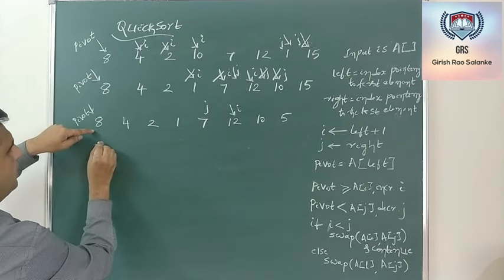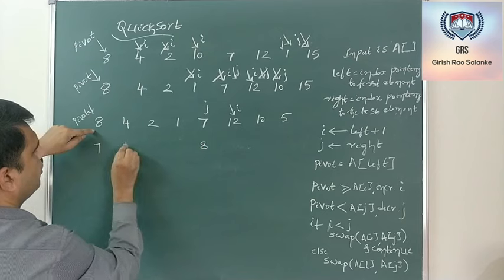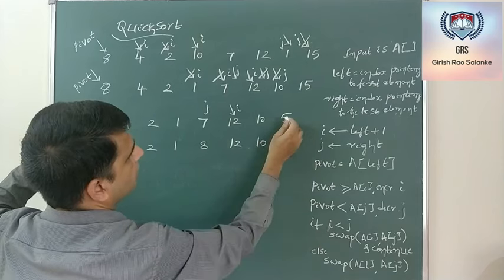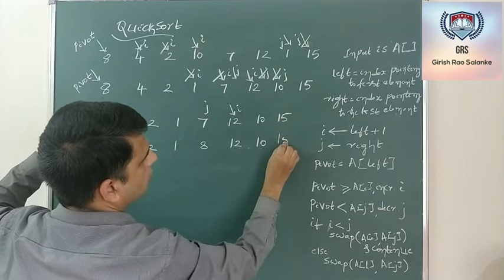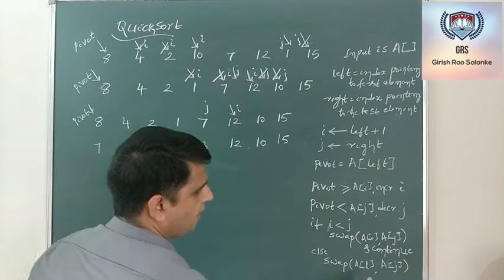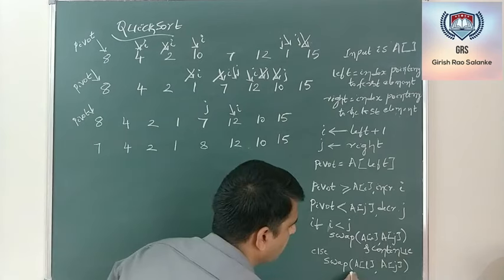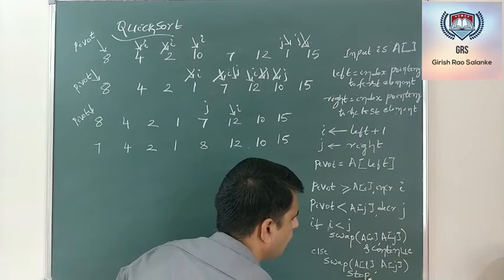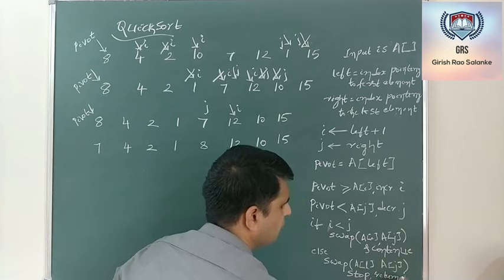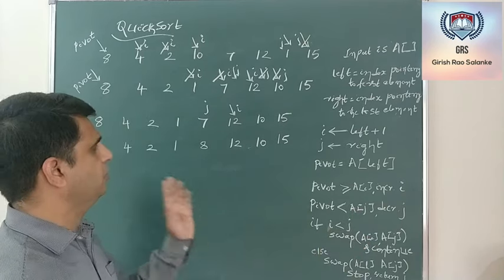So I need to swap 7, 8, 4, 2, 1, 12, 10. Sorry, this was 15. Else swap a of l and a of j and stop here. Stop and return j as the position of partition.